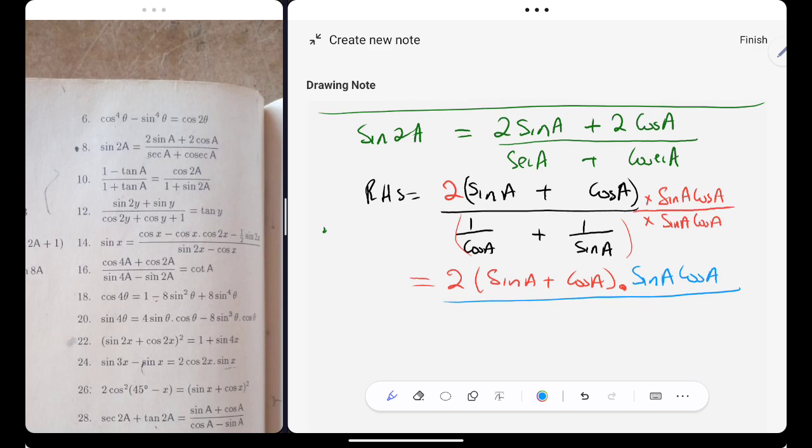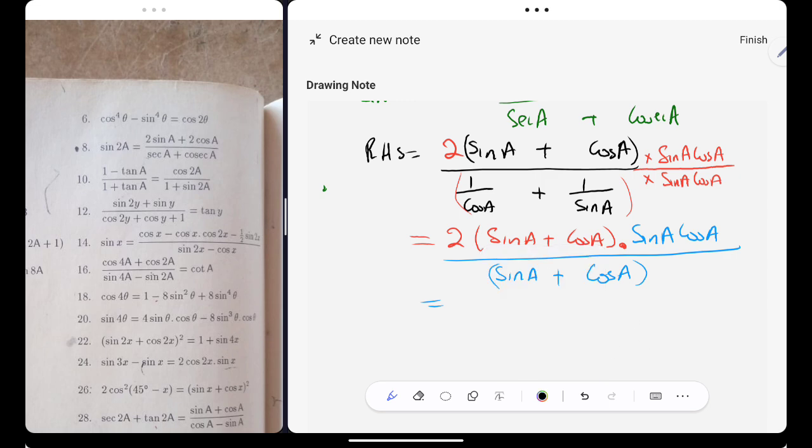Then at the top, whenever I multiply this thing by the LCD, the cos's will cancel. I'll be left with sine a plus, whenever I multiply the second term by the LCD, the sines will cancel. I'll be left with cos a. We can all see that.